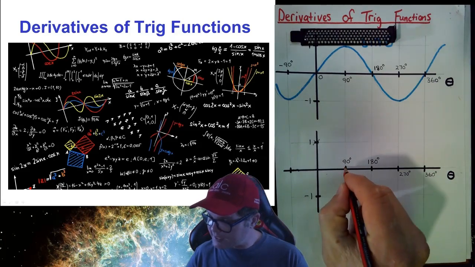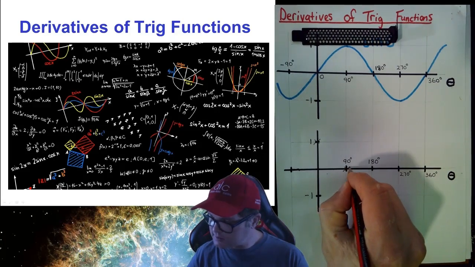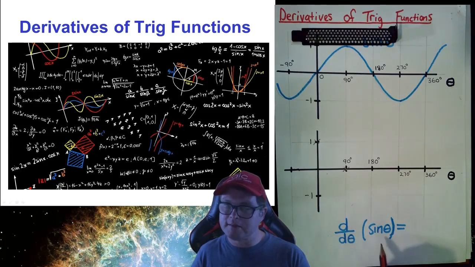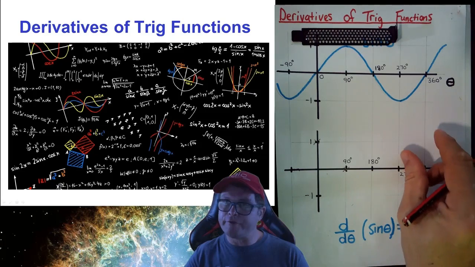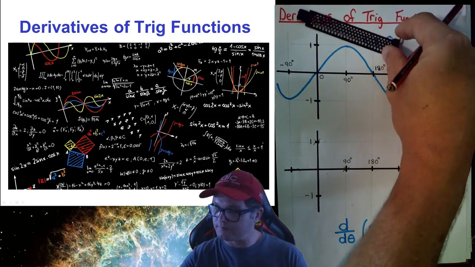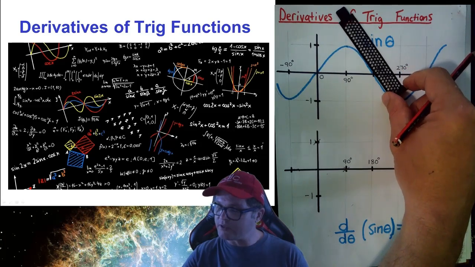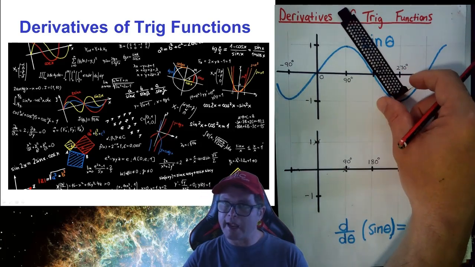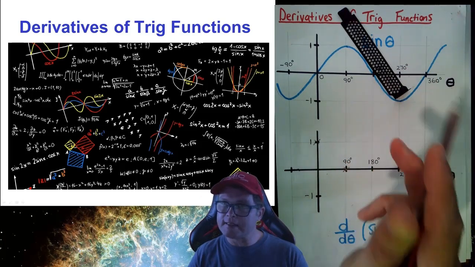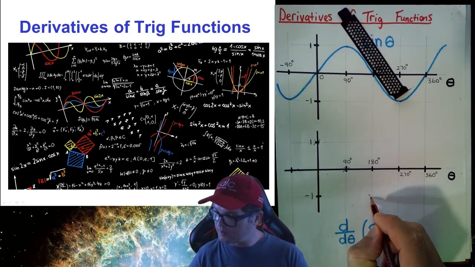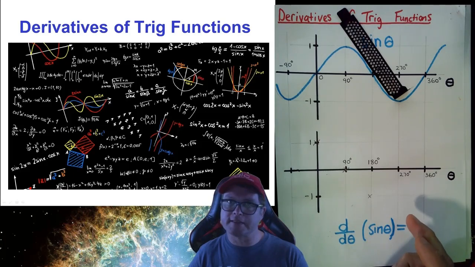So that means at 90 degrees, our gradient is going to be 0. If we take a look at the gradient, it changes, and then it reaches 180 degrees. It's now minus 1. At 180 degrees, the gradient is minus 1.